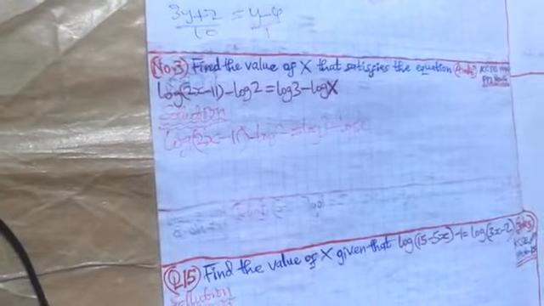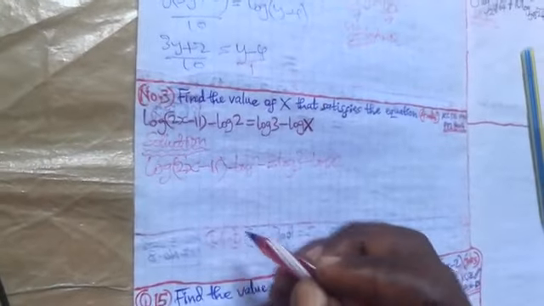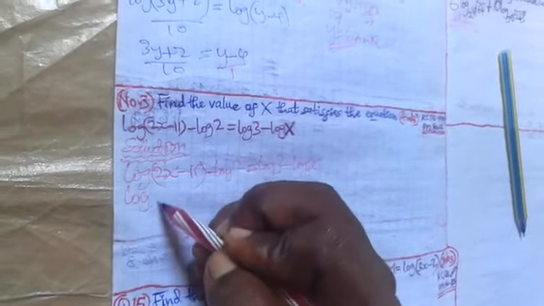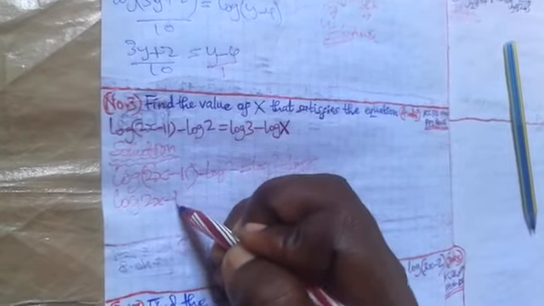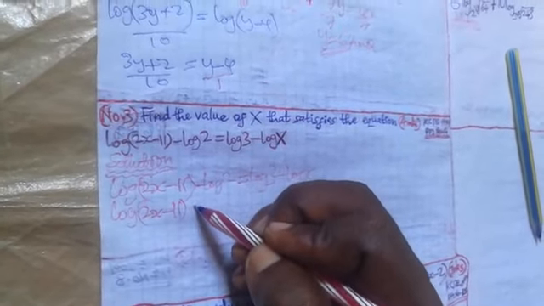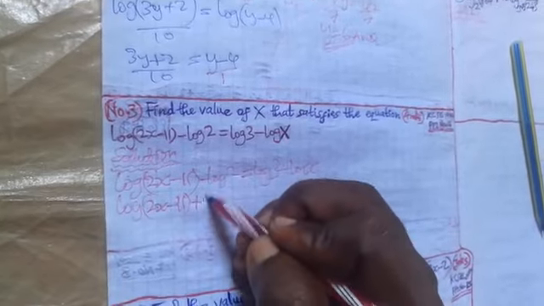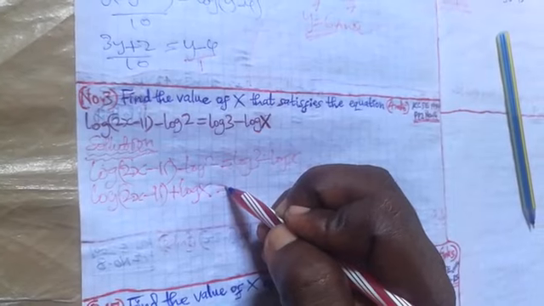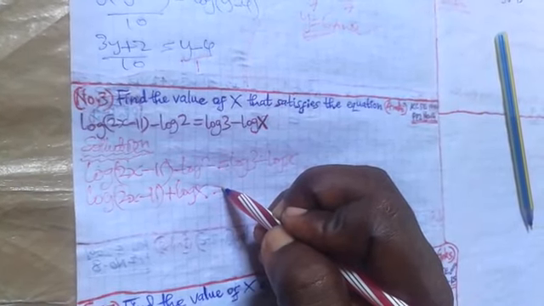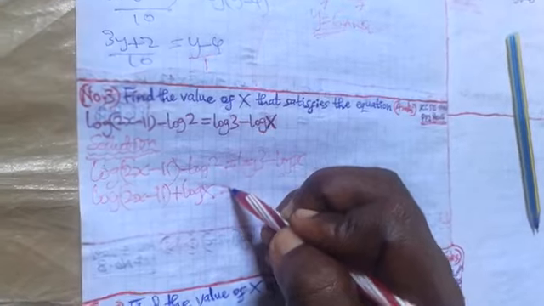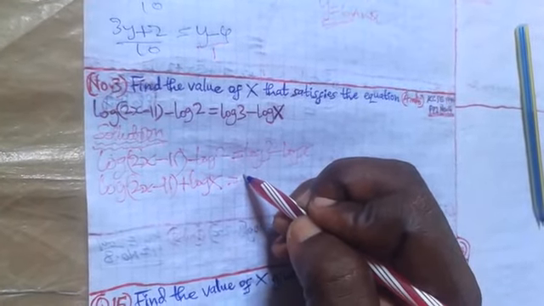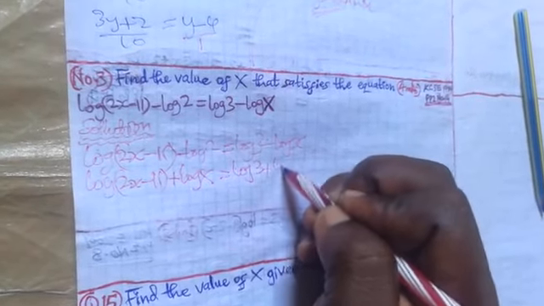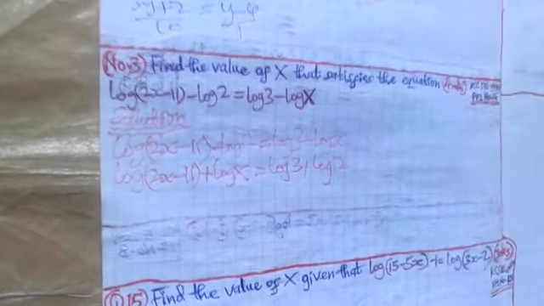By collecting like terms here, we say log 2x minus 11 plus log x is equal to log 3 plus log 2. Okay.